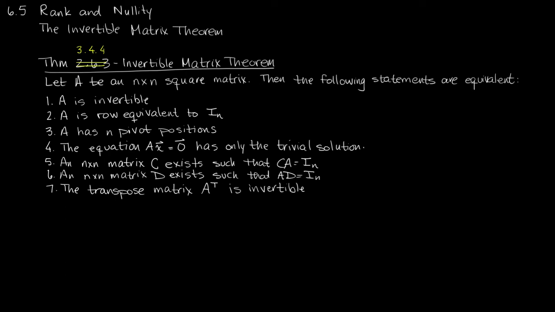Matrices C and D exist, 5 and 6. Number 7, the transpose, is invertible as well. And then we added a number 8, and that was that the determinant of A is non-zero. That is to say, when you take the determinant of the matrix A, the result will not be 0, it will be some other number.